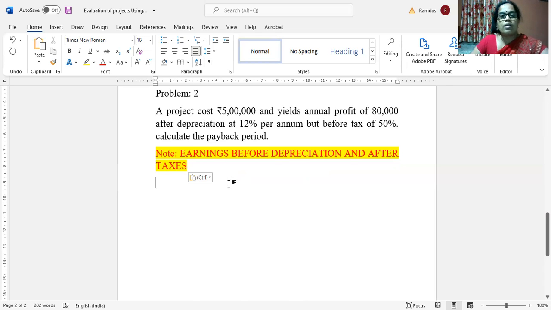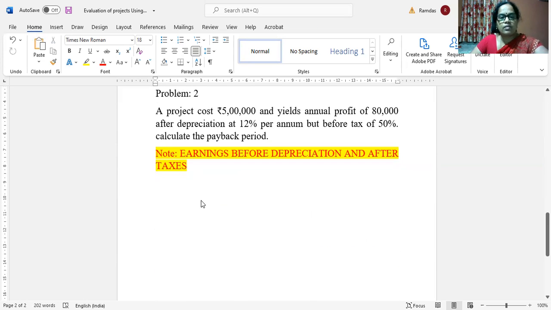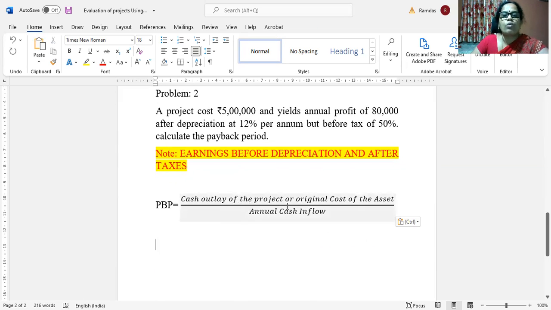So let me take the formula first. The formula is cash outlay of the project or original cost of the asset divided by annual cash inflow. The original outlay is already given as 5 lakhs. But we require annual cash inflows.